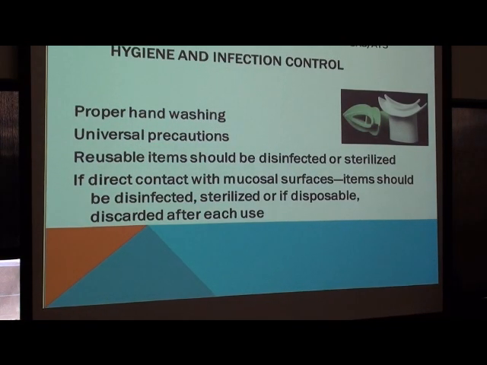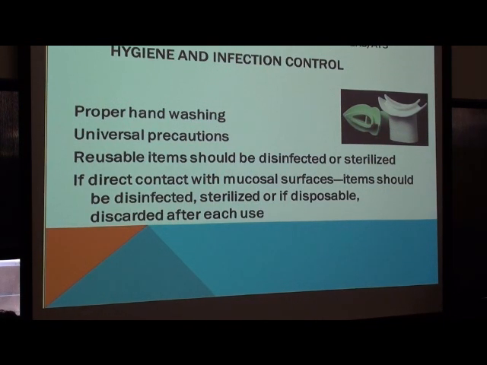Hygiene and infection control. This gets a lot of emphasis, and for good reason. The pulmonary function laboratories can be places where patients make little additions to our environment by virtue of hand contact with seats or equipment that other patients are going to touch later on. And so we really do want to make sure that we're safe as well as we're keeping our patients safe.